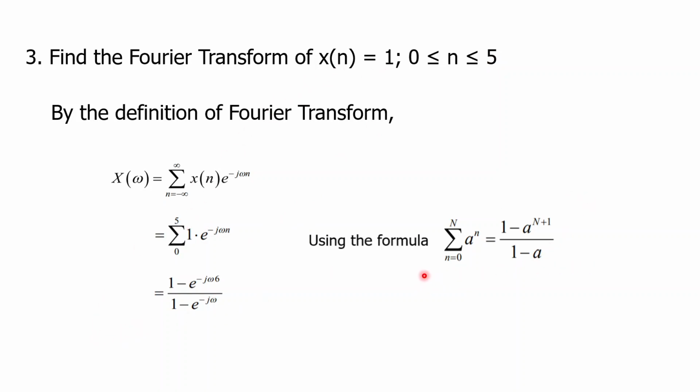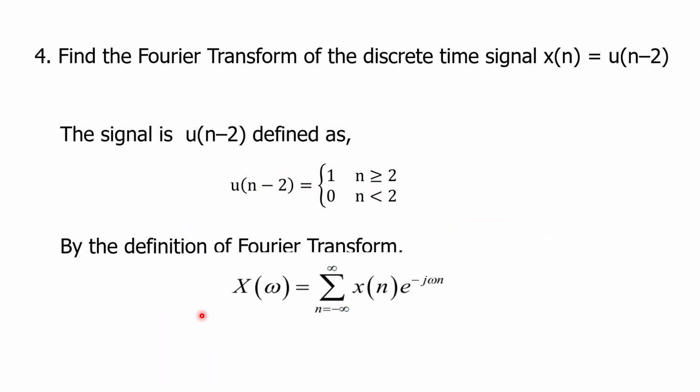We must apply a power n for a finite sequence. It is not infinity. So for this type of finite series we will use this formula. According to this formula it will become 1 minus e power minus j omega 6 by 1 minus e power minus j omega. This is for a finite sequence.